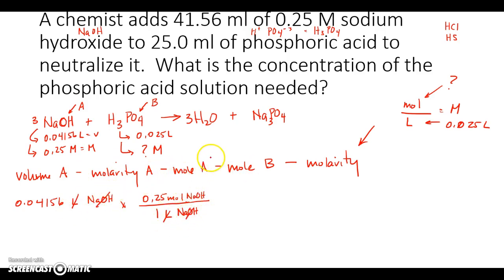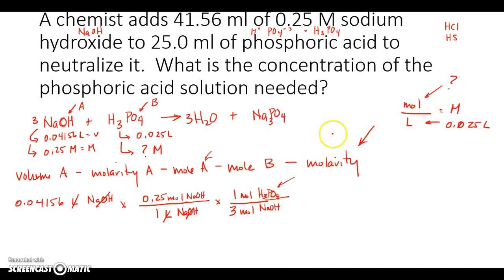From there, I already have gotten to mole A. So I simply now need to use my equation to see what the relationship is. And it looks like my relationship is that for every 3 moles of NaOH, it requires 1 mole of H3PO4.